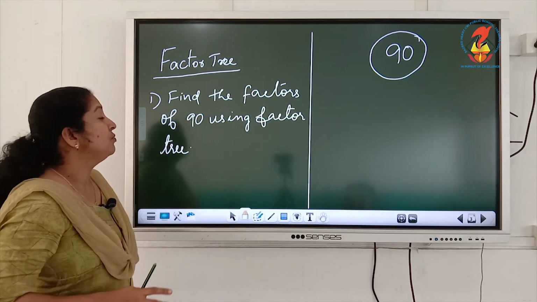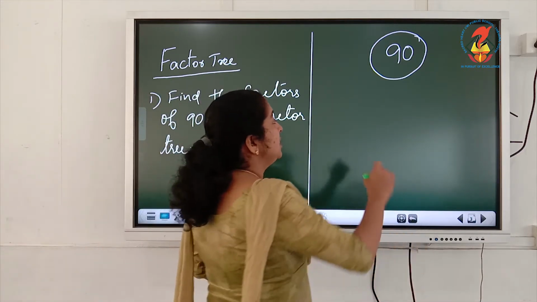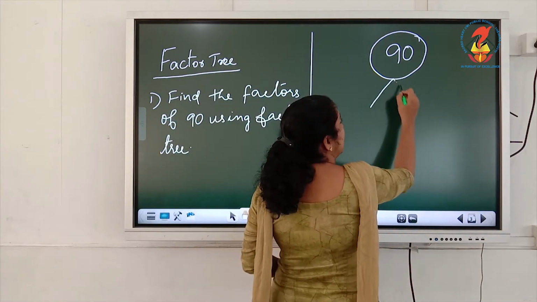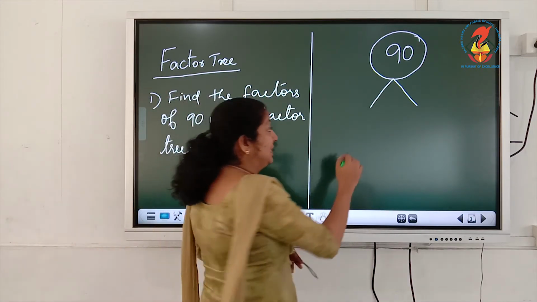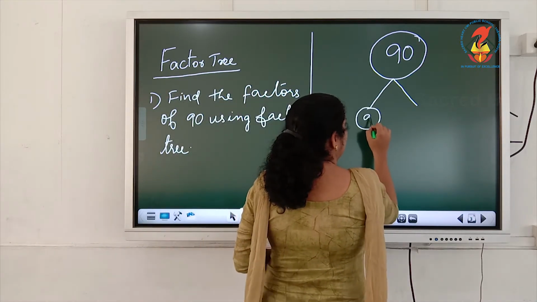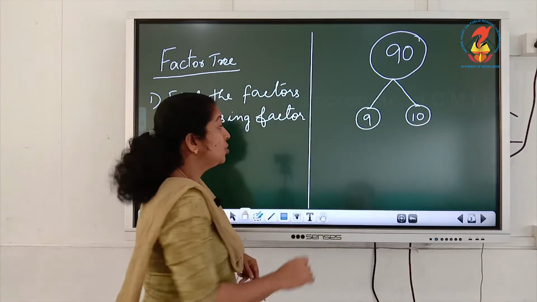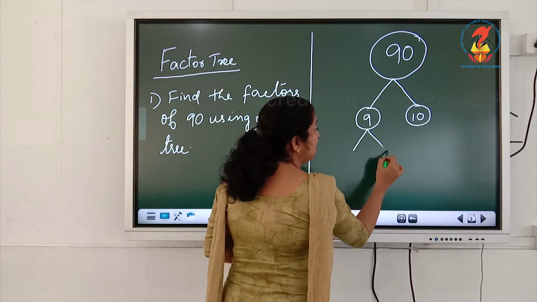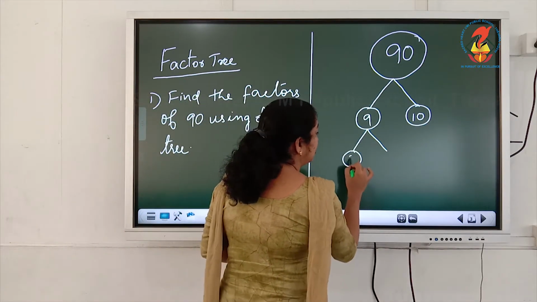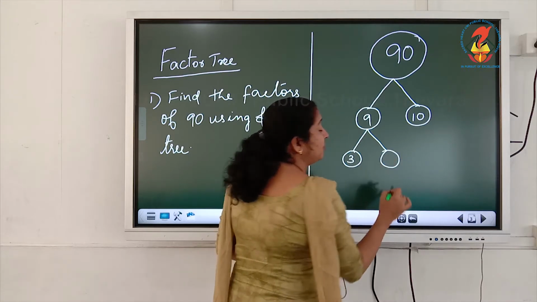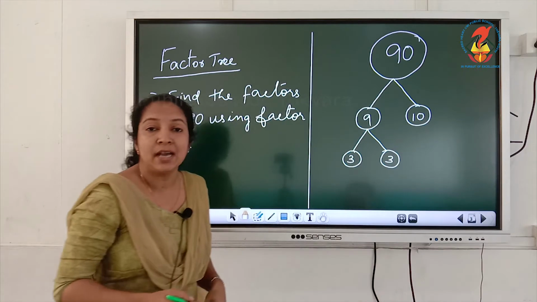Find the factors of 90 using factor tree. So 90, you have to write as a product of two numbers. The easiest way is 9 into 10. So next we can write 9 as a product of numbers, which we can write as 3 into 3. 3 3s are 9.